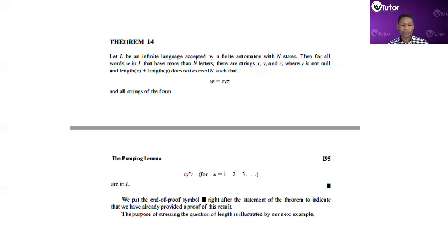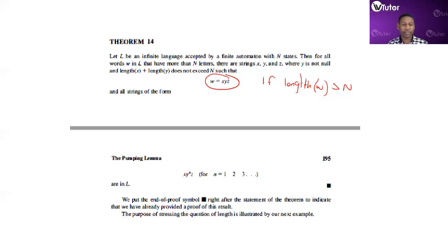So then they say, for all words in L that have more than n letters, there are strings x, y, and z. We can convert w, a word that has more than n letters, meaning the length of w is greater than n, into these substrings.